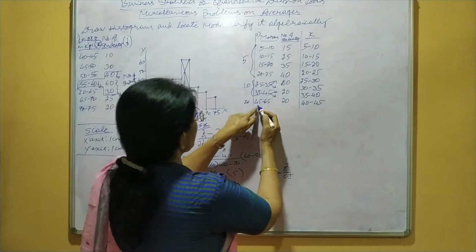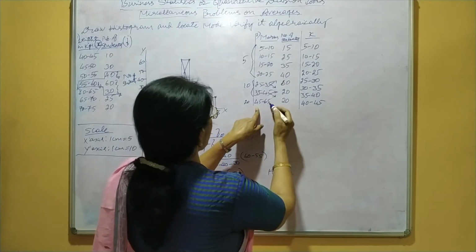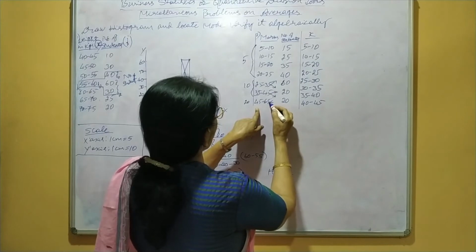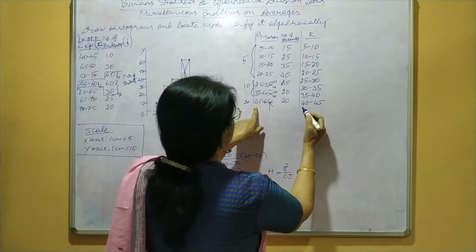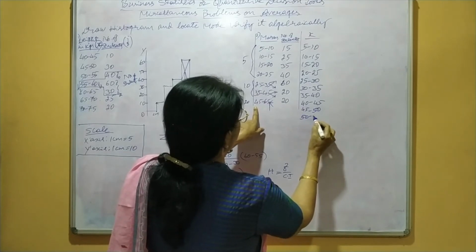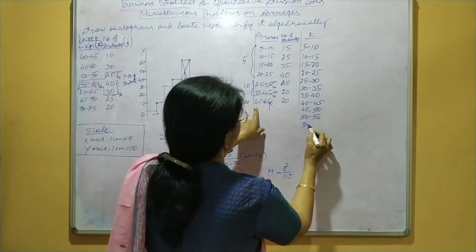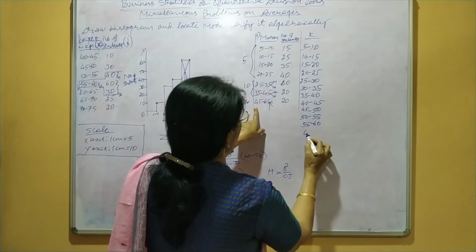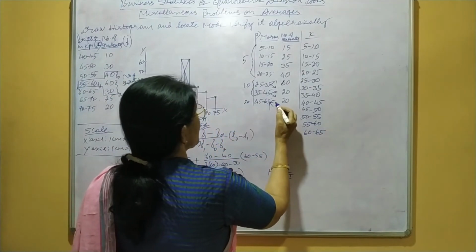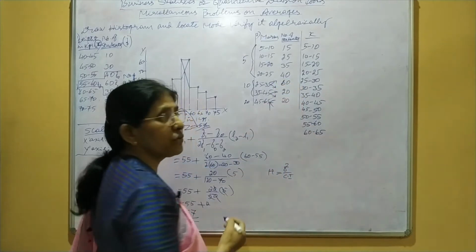Now, 45 to 65 means we have to split this into 4 classes. That is 45 to 50, 50 to 55, 55 to 60 and 60 to 65. Here we have split it into 4, and these two into 2.